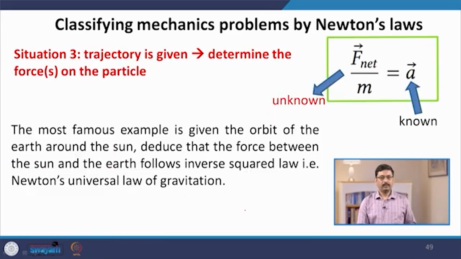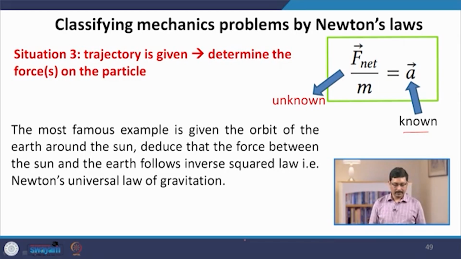Now, situation 3 is the opposite, which means that the trajectory is given. So, you know the position, you know the velocity, you know the acceleration. Now you determine the forces acting on the particle, so the force is unknown.